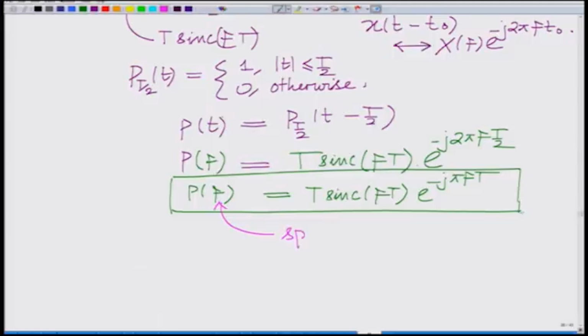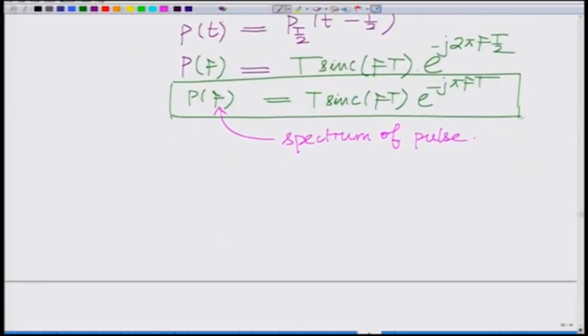This is your spectrum of pulse. And interestingly, if you look at the amplitude spectrum, e to the power of minus j pi f t is simply a phase factor.